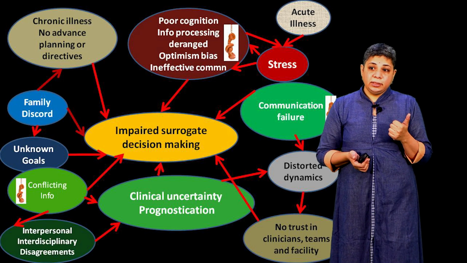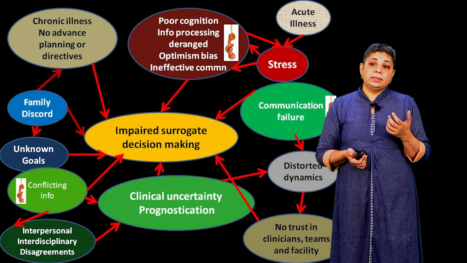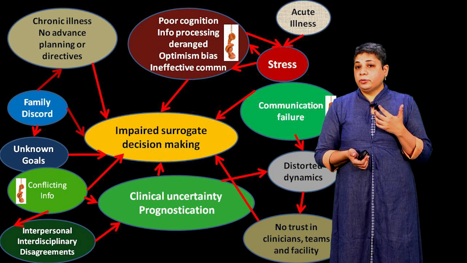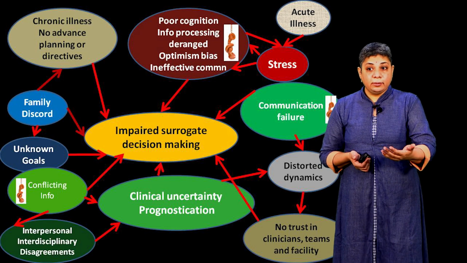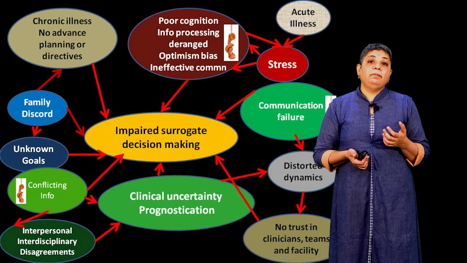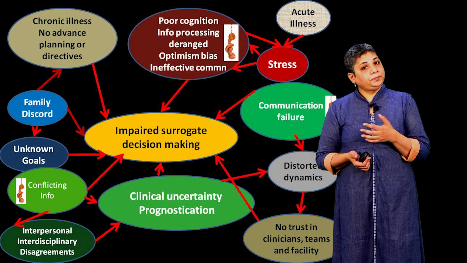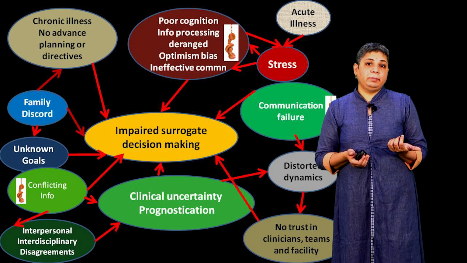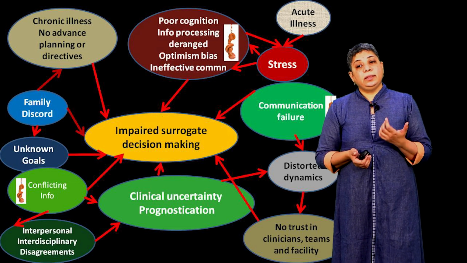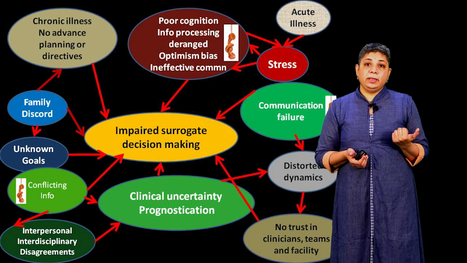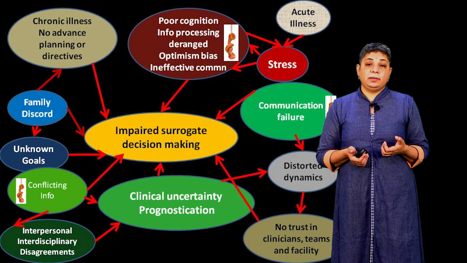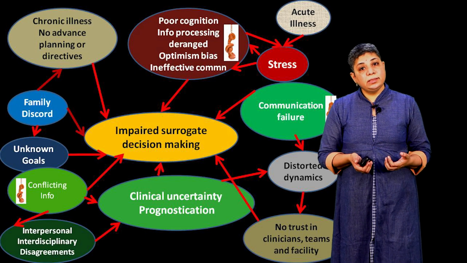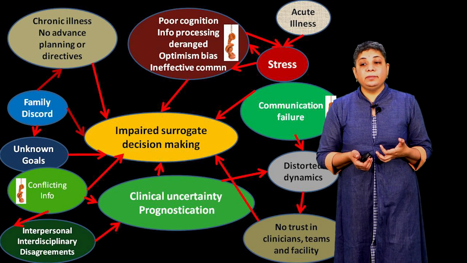Now, in addition to this, there could be family discord. They don't understand goals, they don't understand what they want to look at, they don't know their own expectations, or when they get conflicting information, different kinds of information from different healthcare personnel, then all these will contribute. Then when there is interpersonal, interdisciplinary disagreement, the surgeon says one thing, the intensivist opines the other way around.